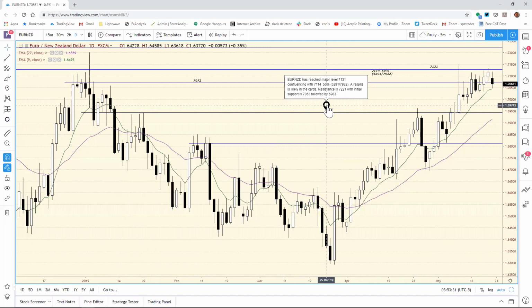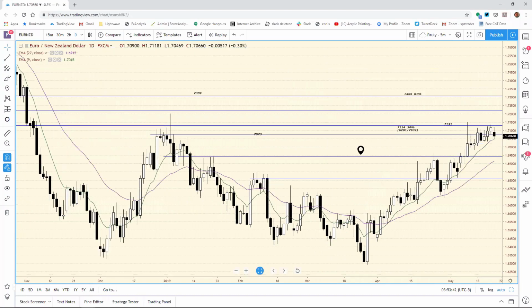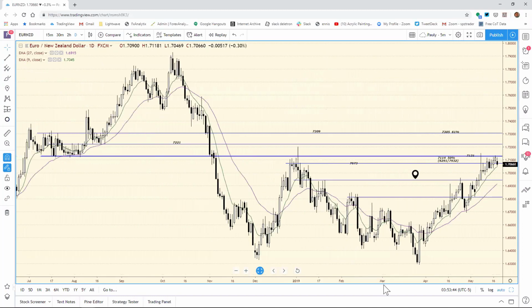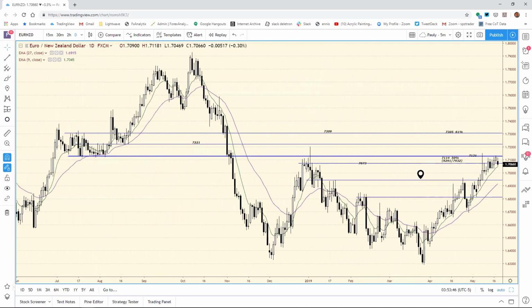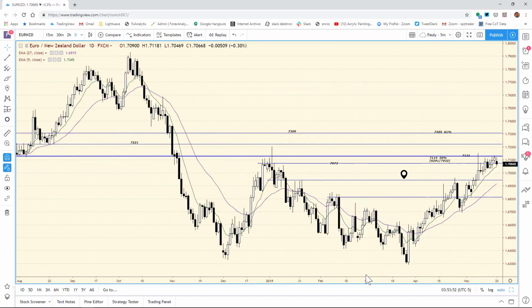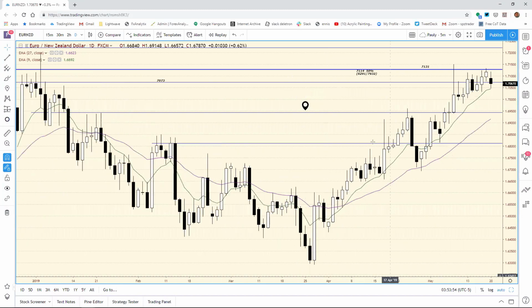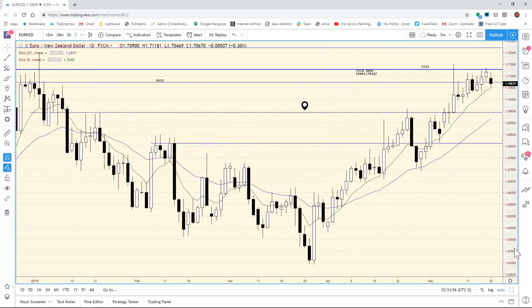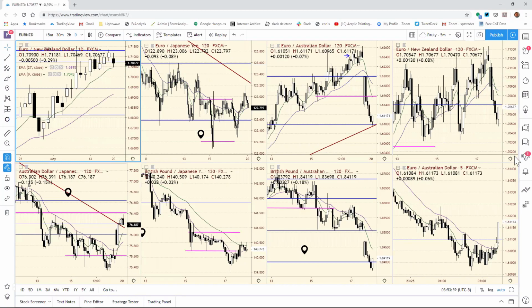Which looks like we may have just reached a key area here. If you look at this going across, look at that. Huge. You see that 71.31? Let's take a look at where we stand here on the 2 hour.